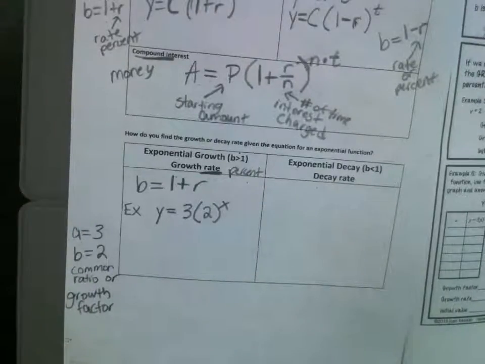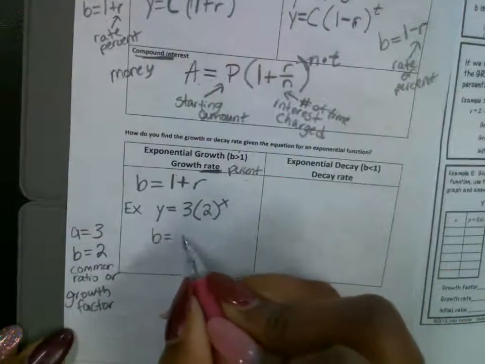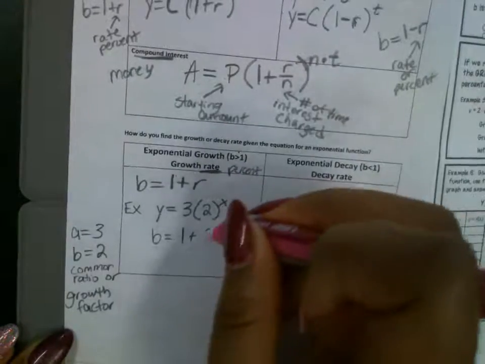We don't want to know those. We want to know the percent that it increased. So this is how you find the percent. And a lot of people miss this question because they just look at 2 and they roll with 2 and say it increased by 2%. That's not the way it goes. So let's solve it. We're going to plug in. We're going to substitute. I'm sorry, y'all.